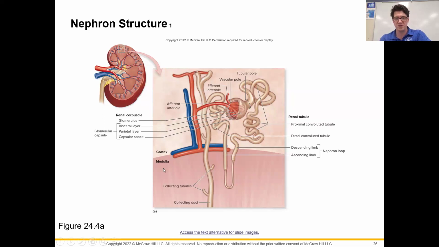That's going to go down, usually crossing into the medulla for a while, and then it's going to come back up, and then it's going to go through this distal convoluted tubule, and then finally it's going to enter what we call the collecting tubules, and then finally into this structure, which is the collecting duct. That collecting duct will then go down into the minor calyx. So that's kind of our pathway here.